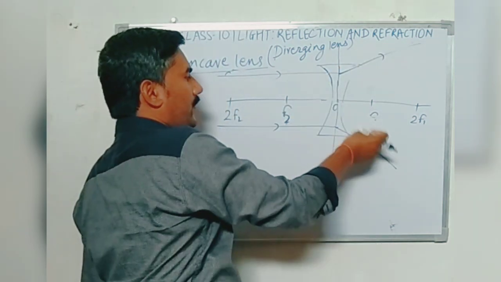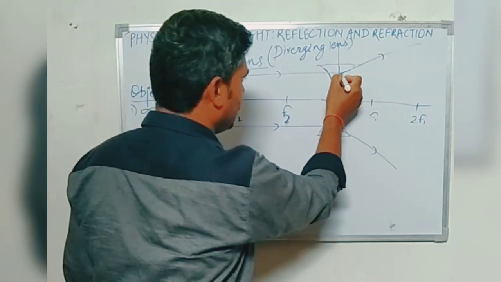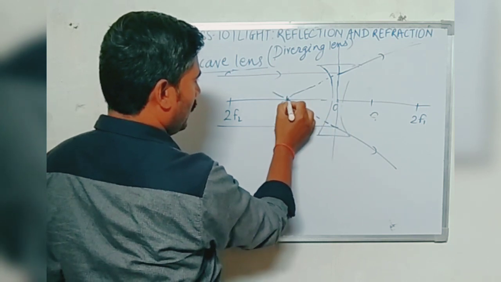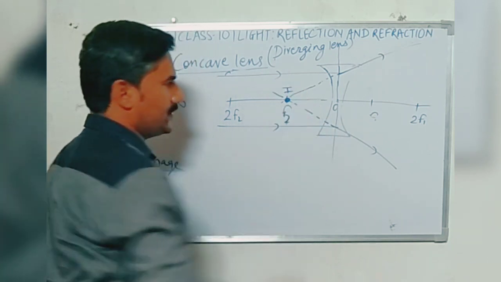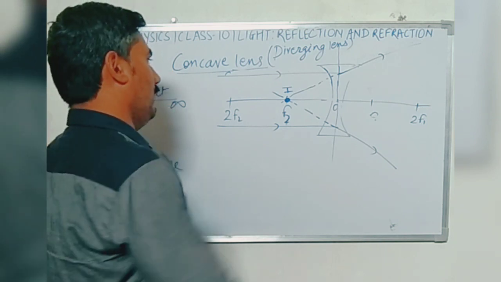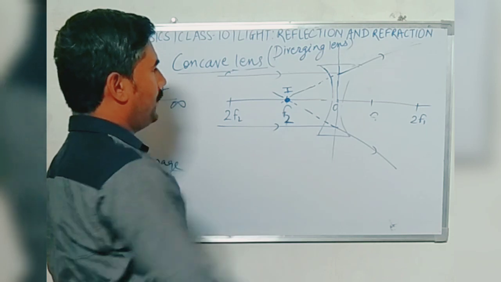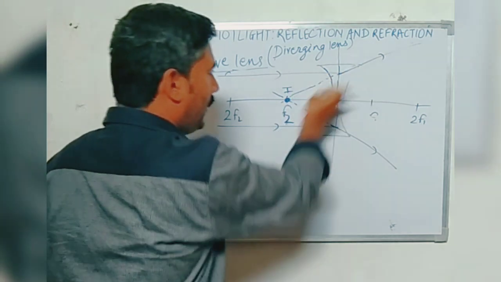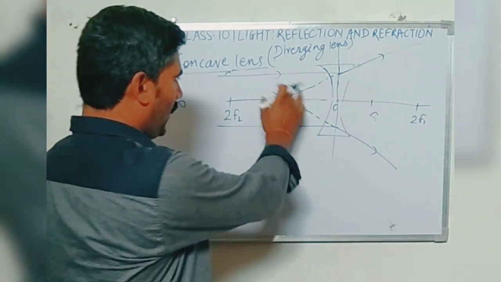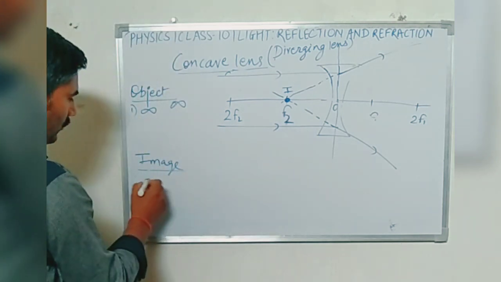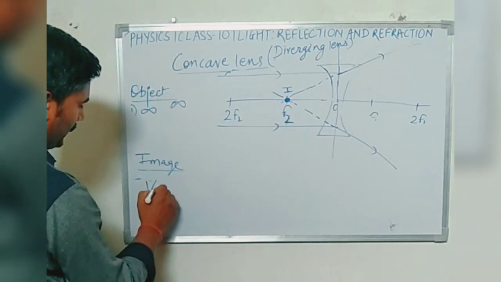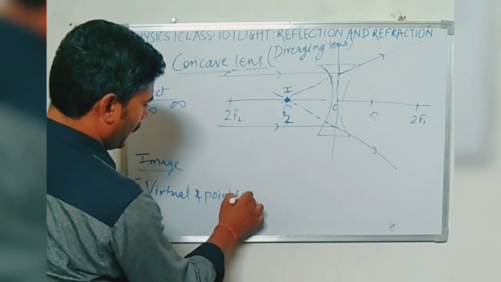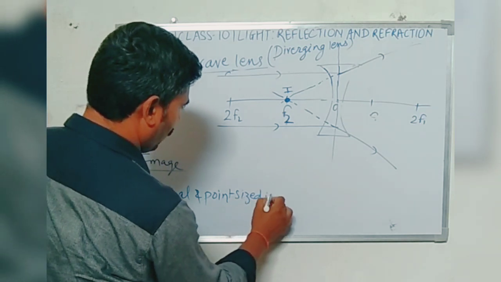If we take these rays backward, or just proceed these rays in the backward direction, we will get the image at principal focus F2. The image which will be formed is not real but virtual, and it is also point sized. So a virtual and point sized image is formed.